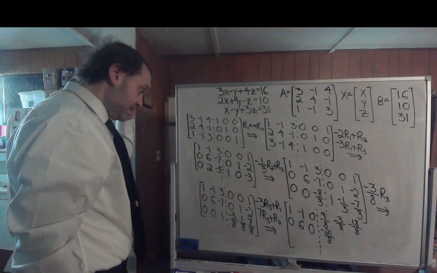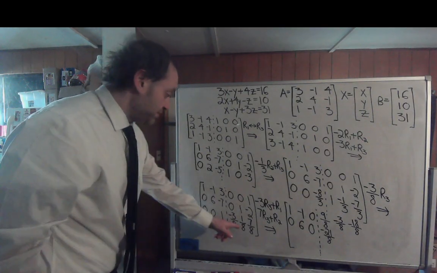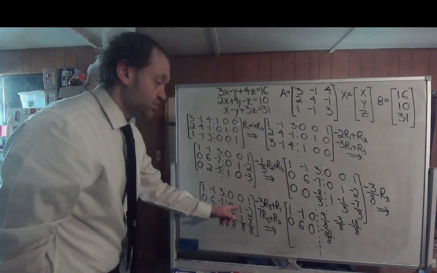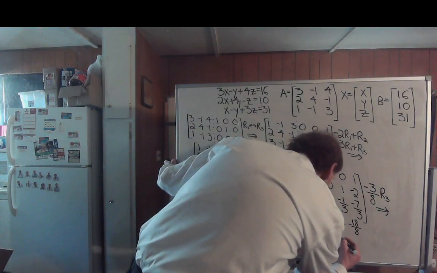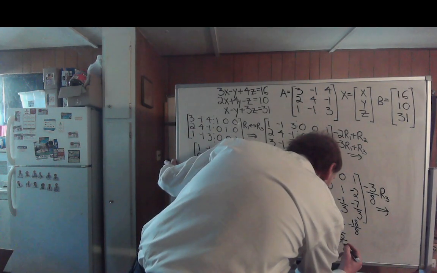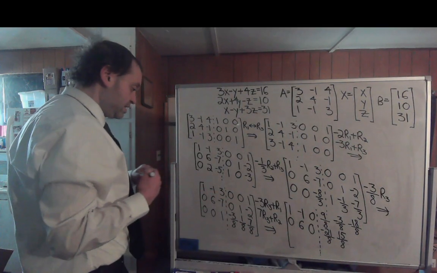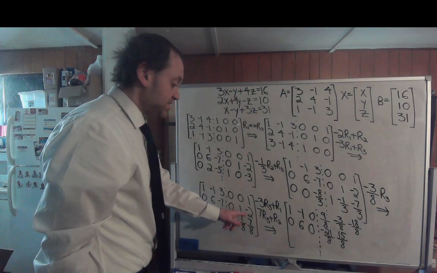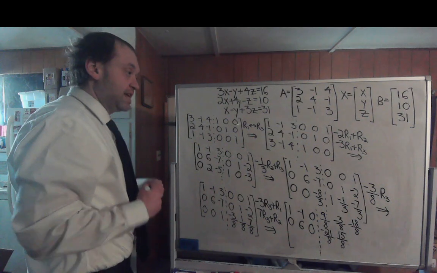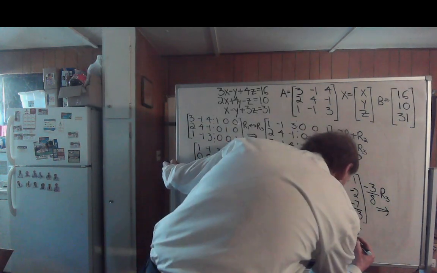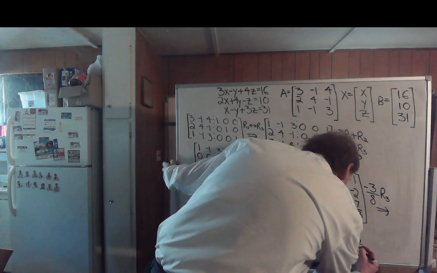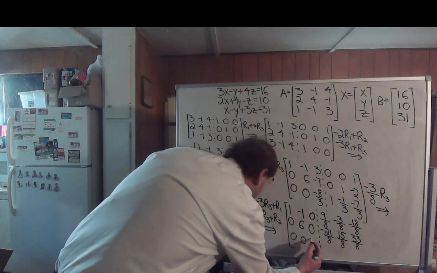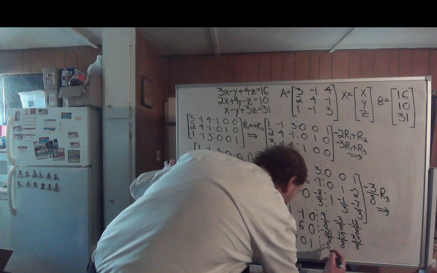And then 7 times 1/8 is going to be 7/8 plus 1, which is 8/8. That would give you 15/8. And then you'll have 7 times 7/8, that's 49/8, minus 16/8, that would end up being 33/8. Then you still have your row 3, which we don't really need to touch because it's already reduced as far as it can go.